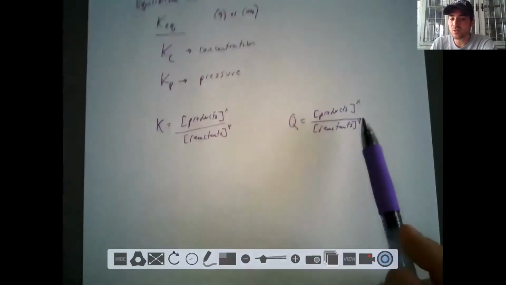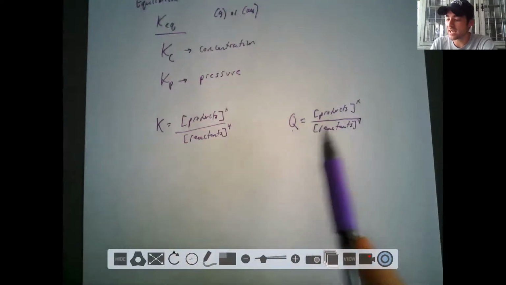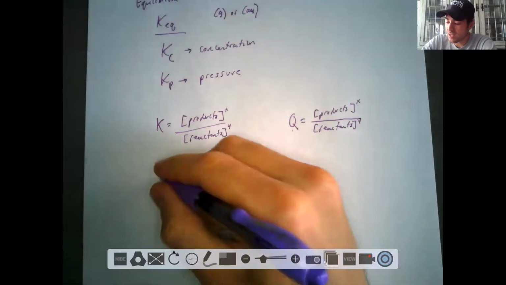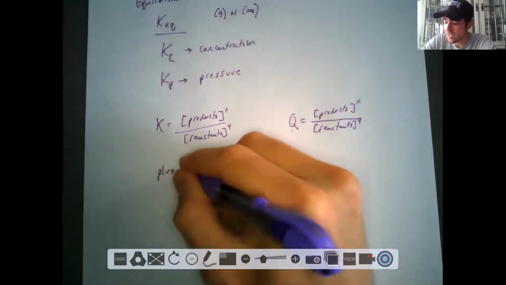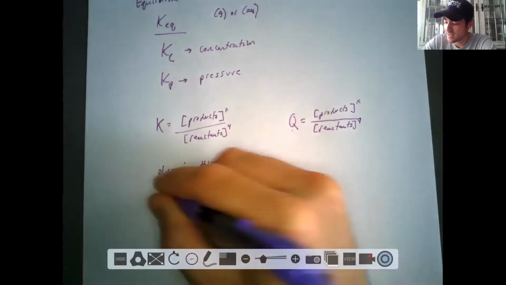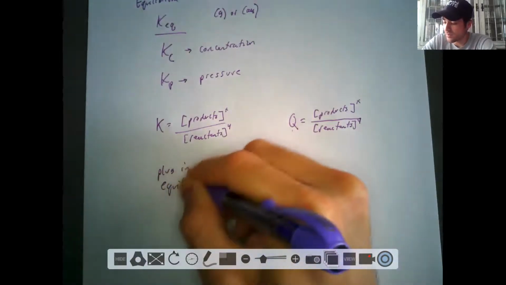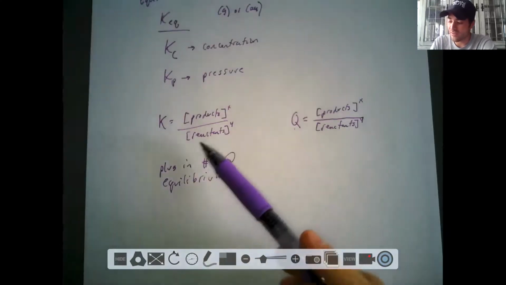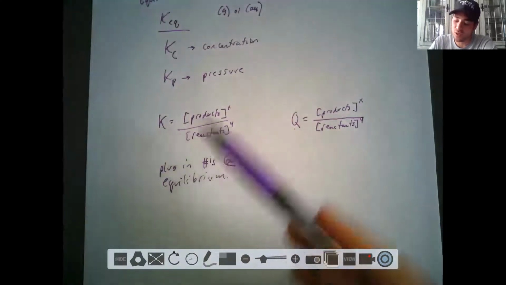The difference between K and Q lies in what numbers you are plugging in to calculate. For K, we have to plug in numbers at equilibrium. That's what we've been doing, right? We've had to find what those are at equilibrium and plug those in.